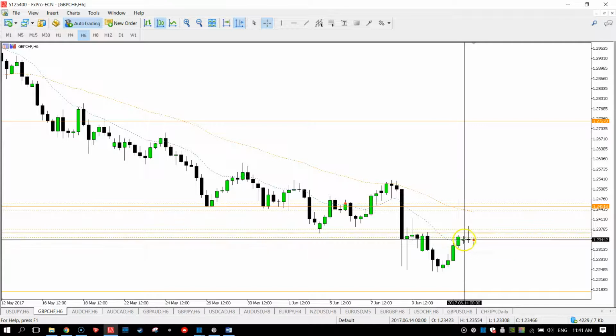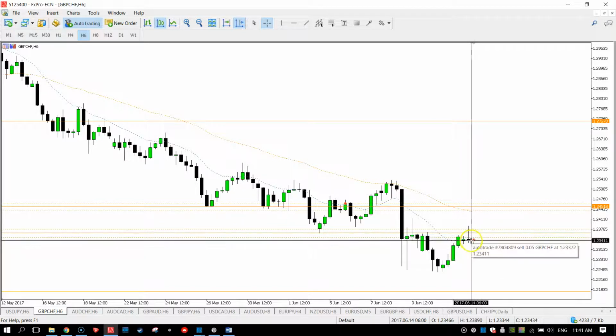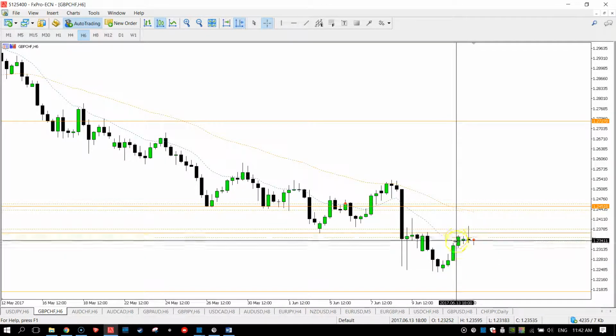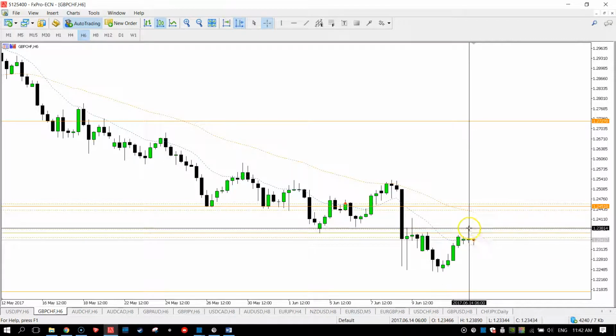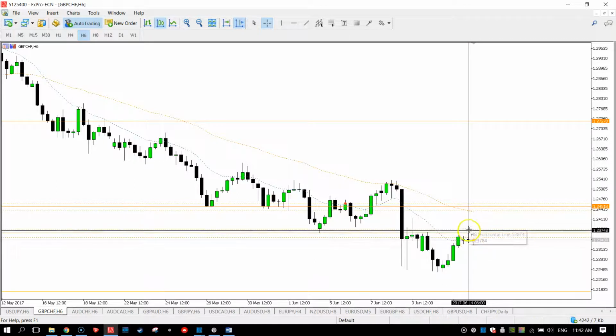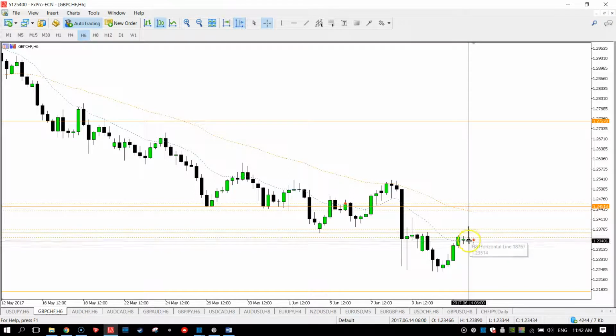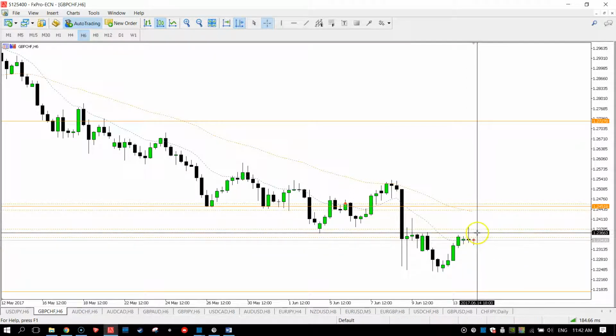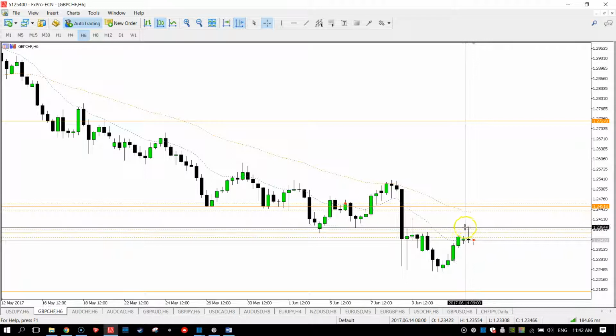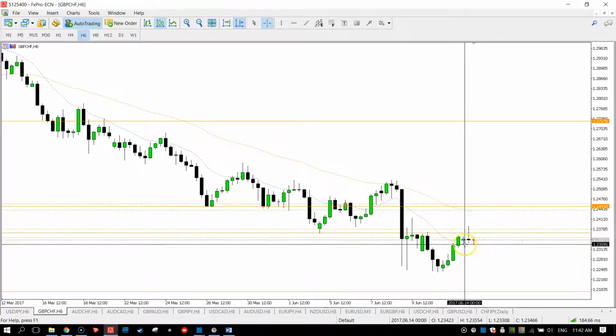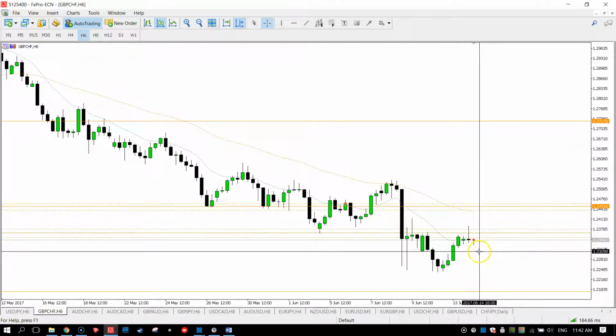So we have an inside bar here, and then this pin bar breaking through our inside bar combination, piercing through the support and resistance area and closing back in the middle. This is what you can call a fakey or a fake setup, but it's a very nice reversal situation.